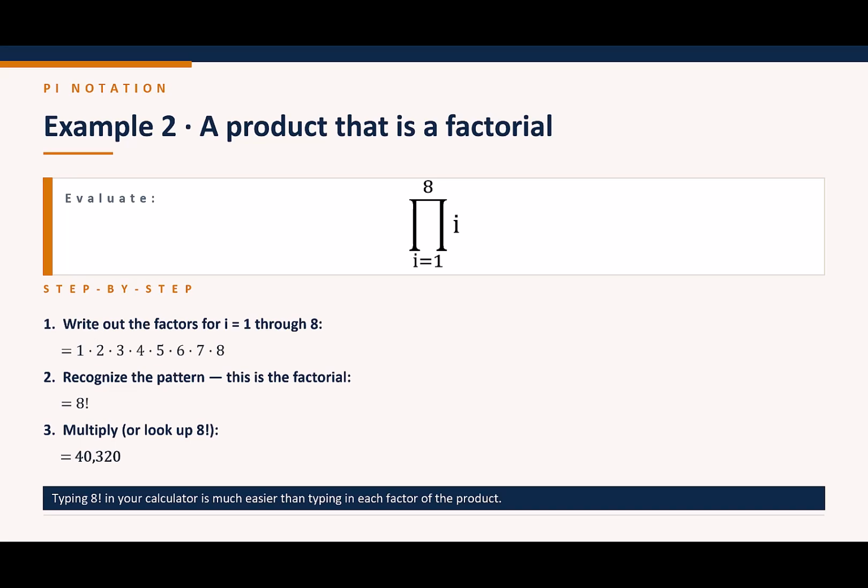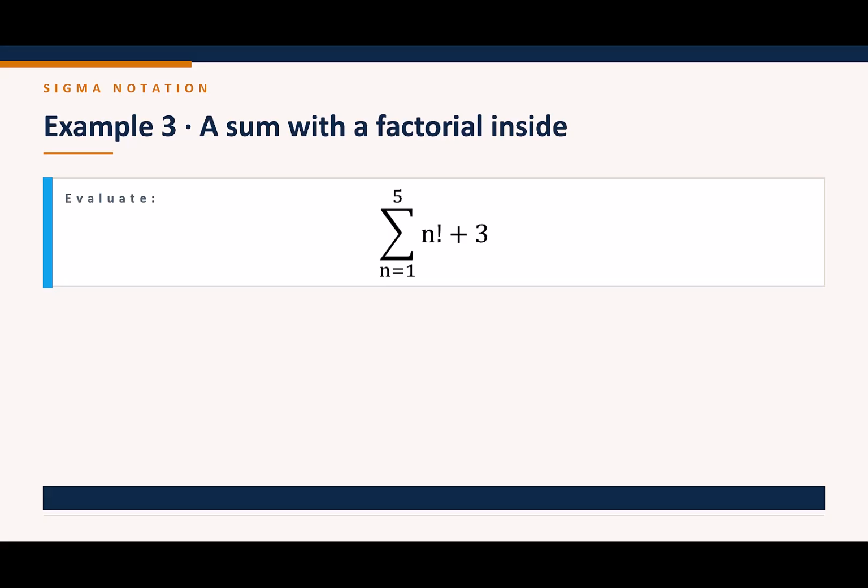If you don't see the exclamation point on your calculator, it might be hidden under a button that says PRB for probability. Let's build on top of the factorial and find the sum of n equals 1 to 5 of n factorial plus 3. Here I changed the letter for our index just to show you that it doesn't matter which letter we use.